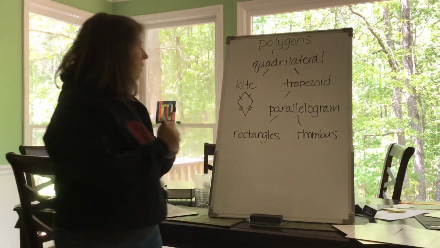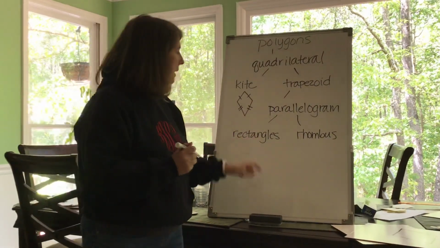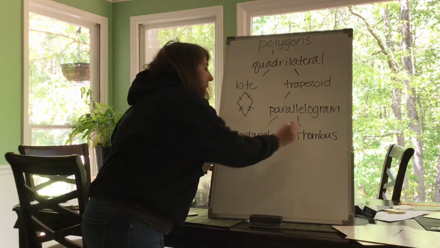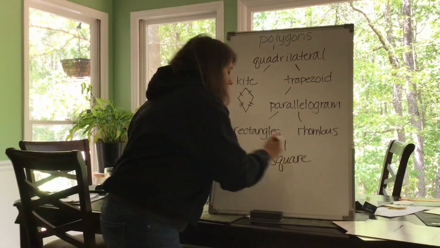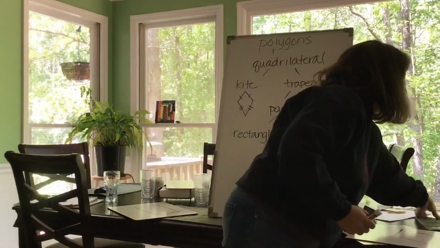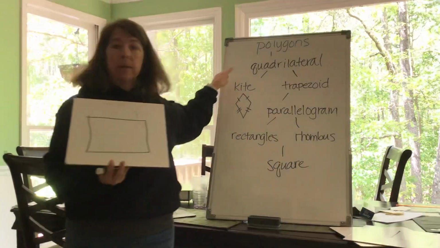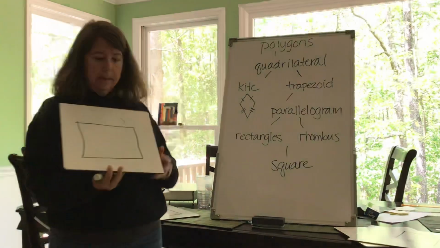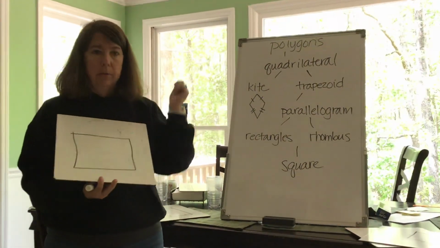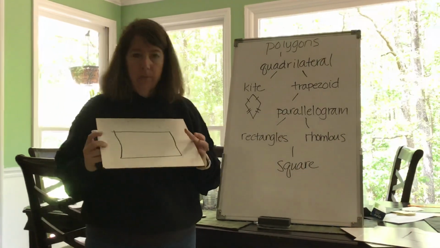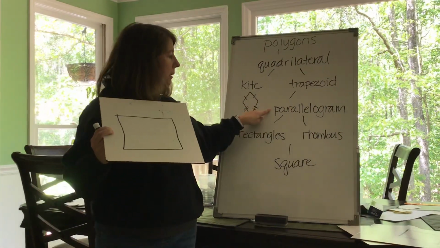If you continue down our hierarchy, there is a special type of rectangle and rhombus, and that is called a square. A square is a quadrilateral because it has four sides. It has at least one set of parallel lines because the top and bottom are parallel. It has a second pair, which are the sides, which makes it a parallelogram.